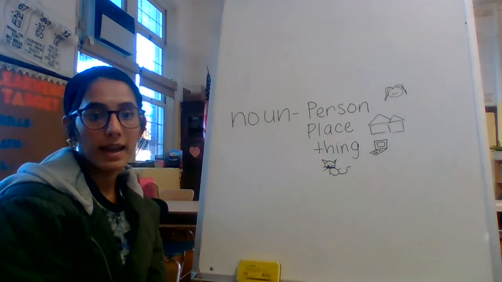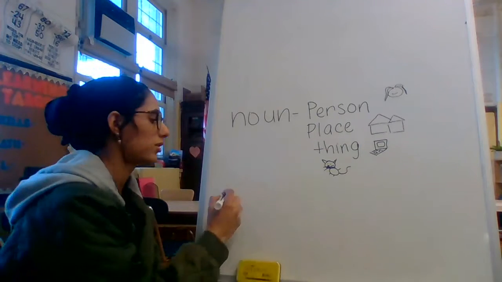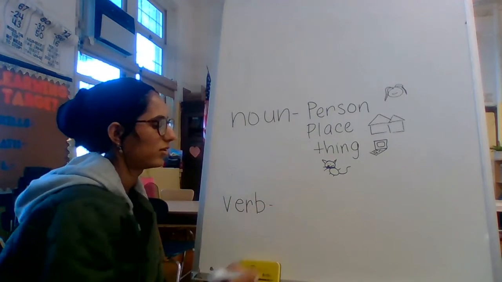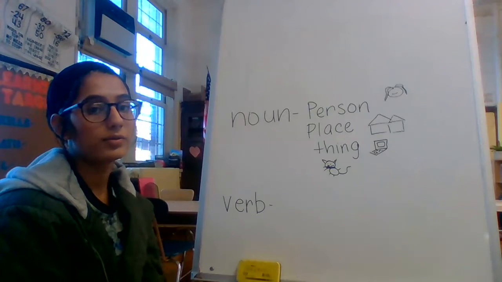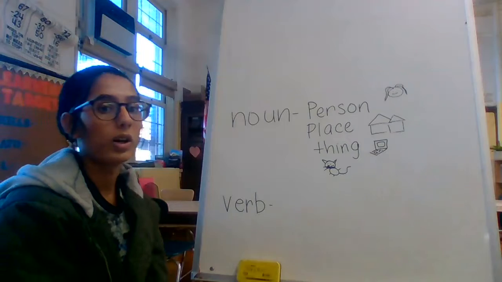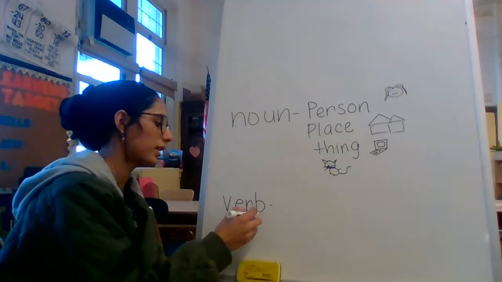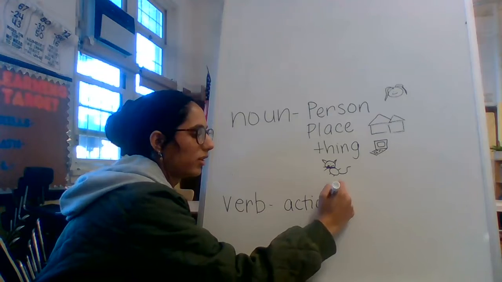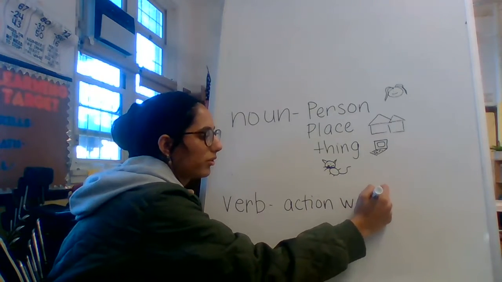All right, now we also learned about verbs. What's a verb again? Call it out, and then I'll give you the answer. Ready? 3, 2, 1. That's right. So if you said a verb is an action word, you are correct.